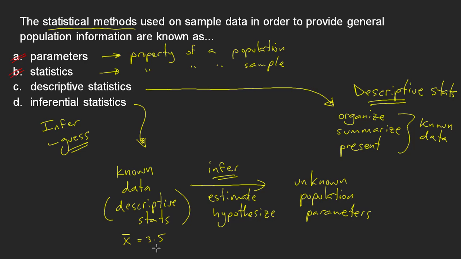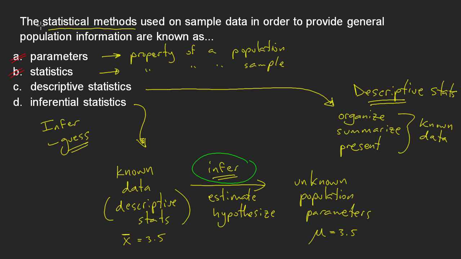It doesn't apply to everybody. I mean, the university could be like 50,000 students, and I've only looked at 100 of them. But I can take this result, this known data, and I could use that to estimate that in the larger population, the population average is also somewhere around 3.5. What I would be doing there is I'd be making use of inferential statistics.